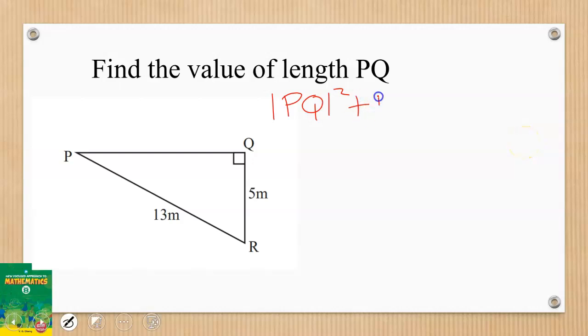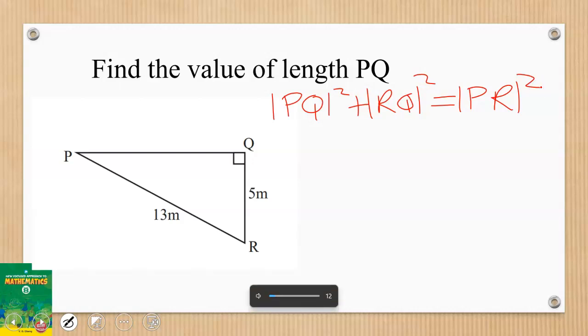PQ squared plus RQ squared should be equal to PR squared. That means the sum of the squares of the two shortest sides should be equal to the square of the longest side.